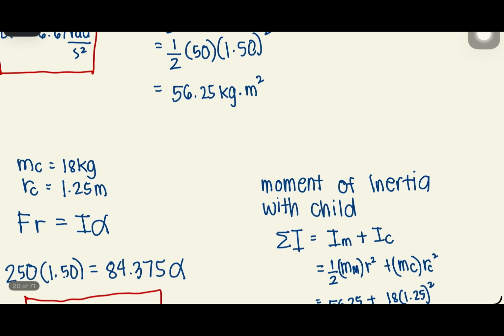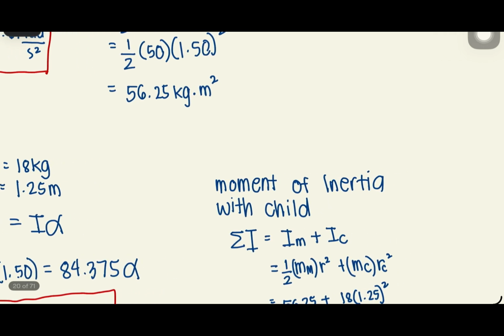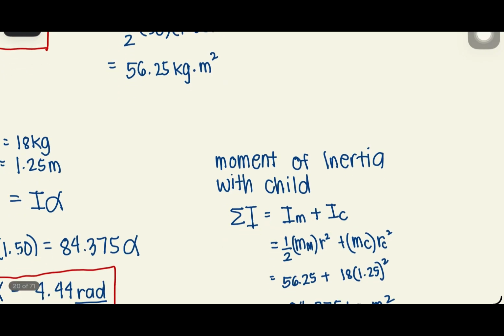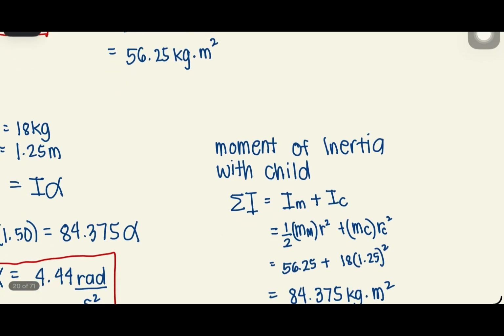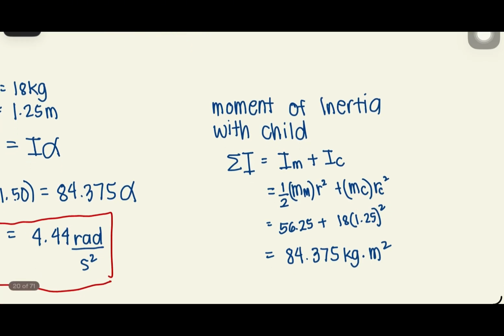Then, yung moment of inertia for part B, kukunin natin yung sum ng dalawa, yung moment of inertia ng merry-go-round and child. May nakuha na tayong I for the merry-go-round. Yung kailangan na lang i-add is the moment of inertia ng child. So 18 times 1.25 squared.